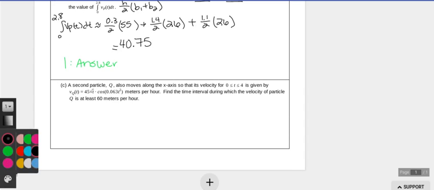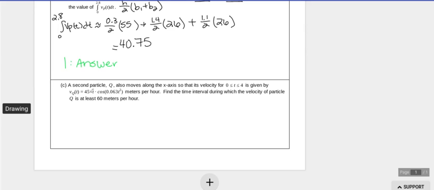Now this part is a little different. We've got the second particle q that's moving along with this velocity. It asks us to find the time interval during which the velocity of the particle is at least 60 meters per hour. So we're looking on the interval from 0 to 4, and we want to know, when is Vq of t greater than or equal to 60?